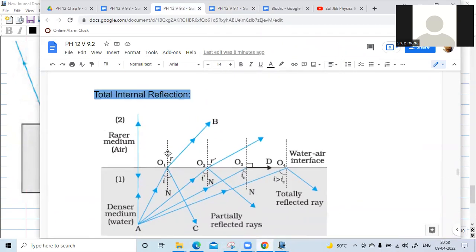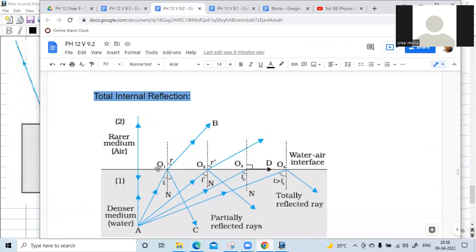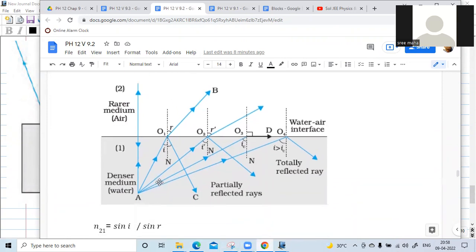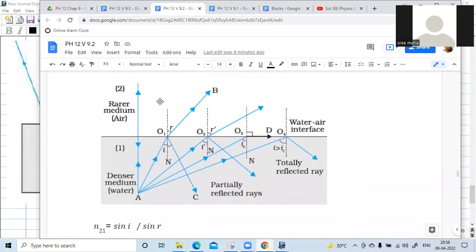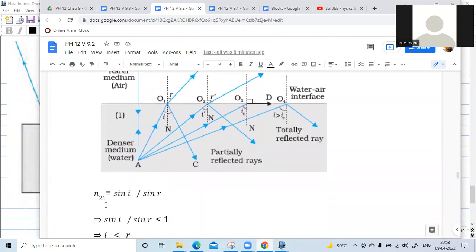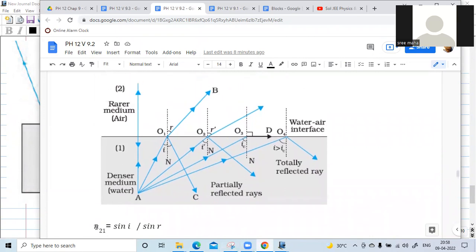Okay. So this is the concept of total internal reflection. When a light ray is traveling from medium 2 into medium 1, is the refractive index less than 1 or greater than 1?